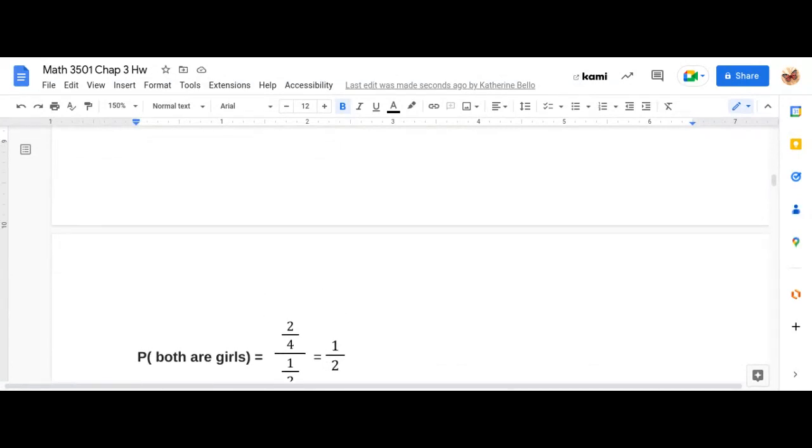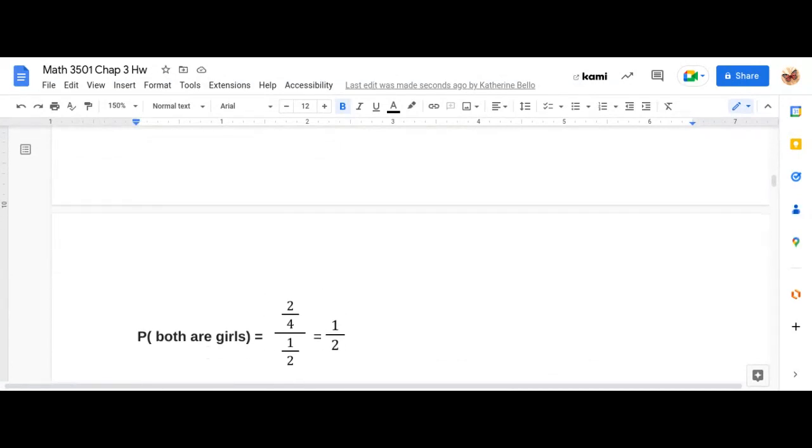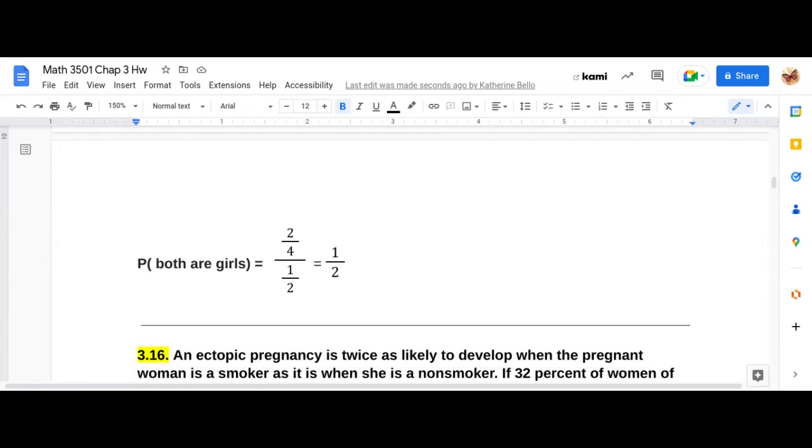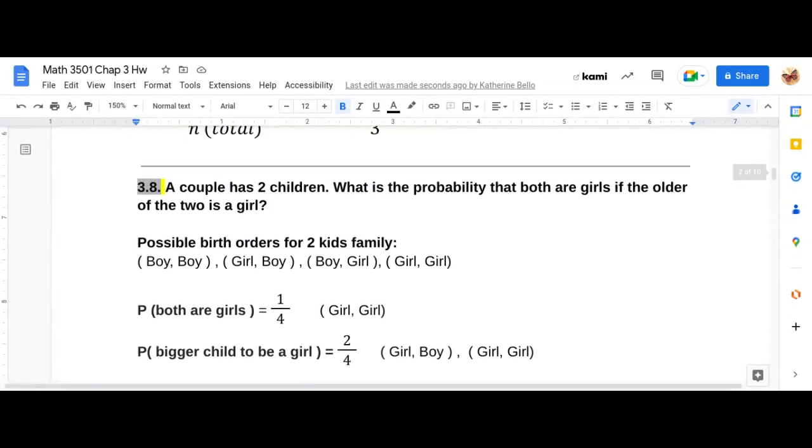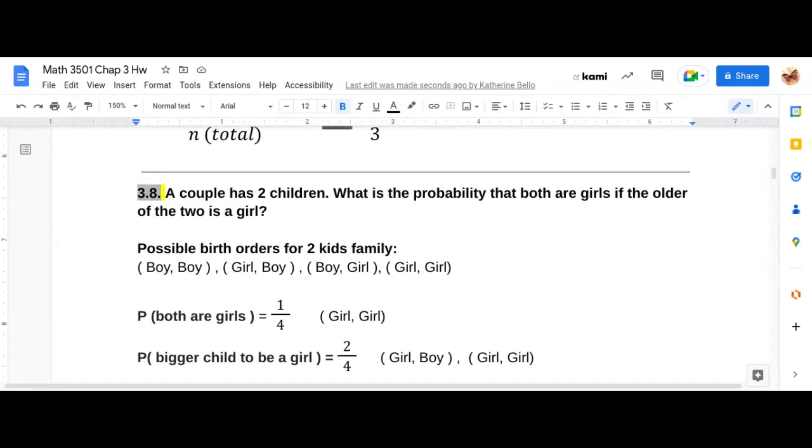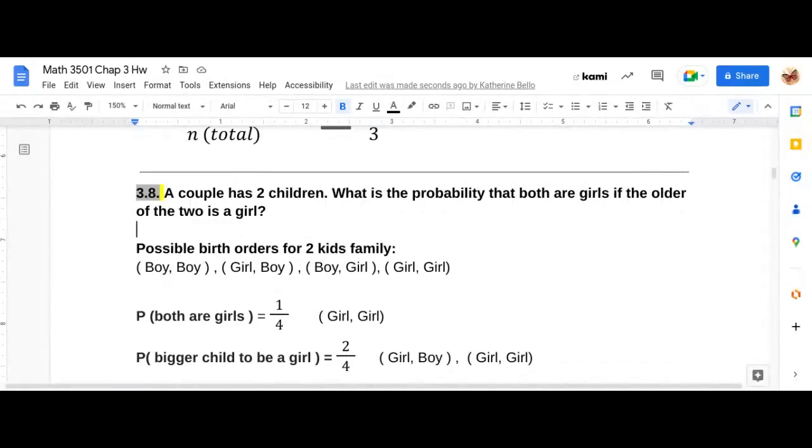So this notation confused me, because you have a conditional probability. You have to use a conditional. If you don't want to use notation, you have to use words. Can you scroll up to see the question? The question is: both are girls given the older one is a girl.